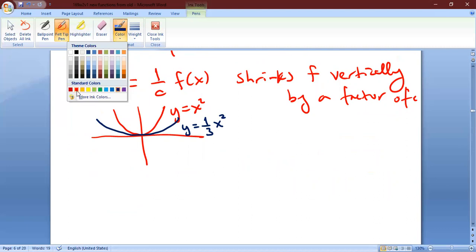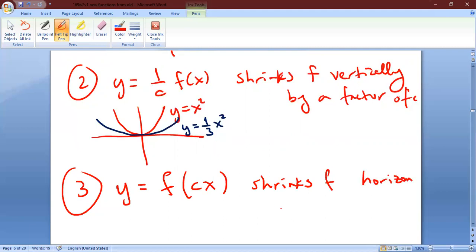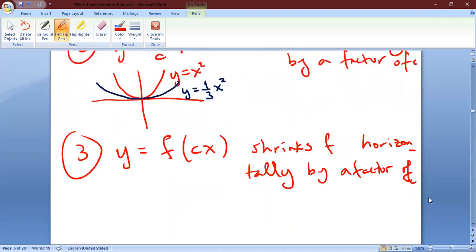And also we can play with x here. y equals f of c times x. This one shrinks f horizontally by a factor of c. For instance, let's say we have y equals x squared.